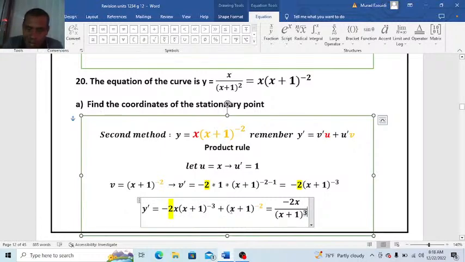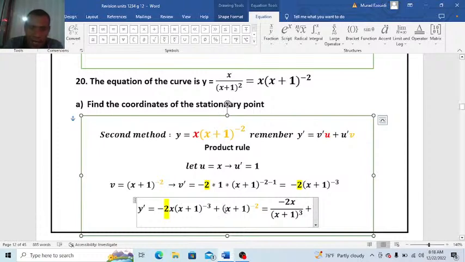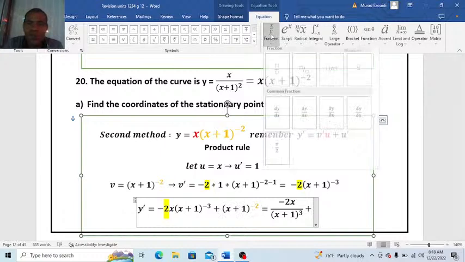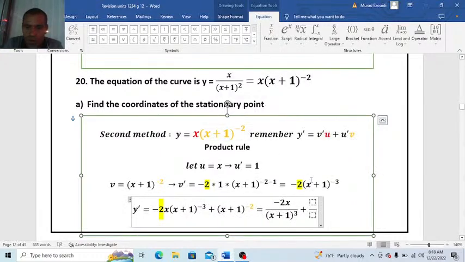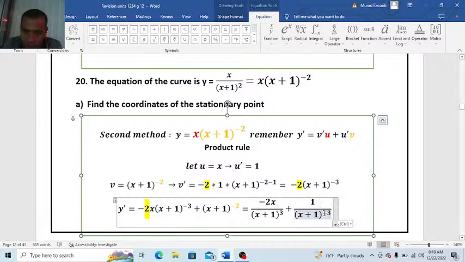Then plus (x plus 1) to the power negative 2, which is 1 over (x plus 1) squared.